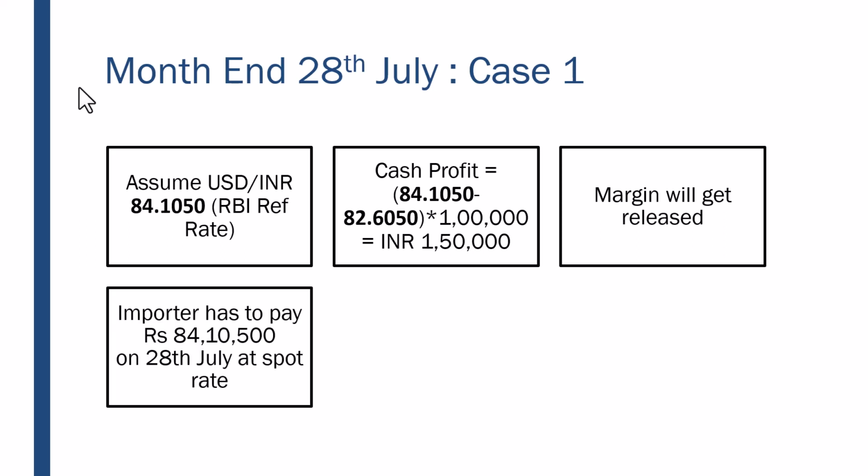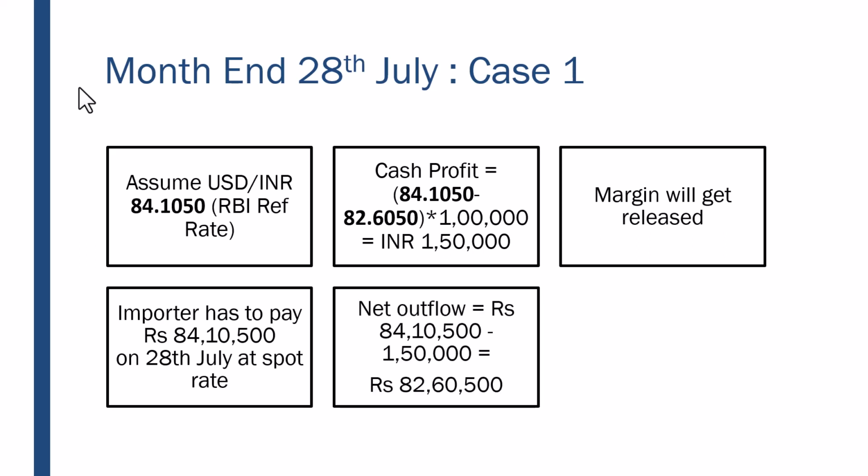Okay, fine. So you are making a gain of 1,50,000. Now what happens? On the day of 28th July, the rate is 84.10. So you go to the bank and pay 84,10,500 for the payment which you have to make to your importer, but your net outflow is only 82,60,500. Since you will be losing on your actual transaction because you will be making a payment to your importer at 84.10, you go to the bank and order dollars.